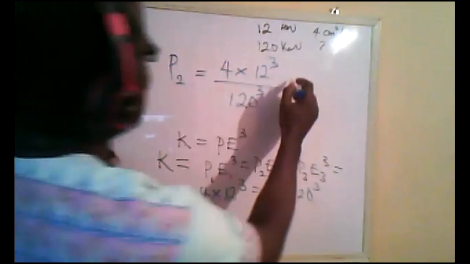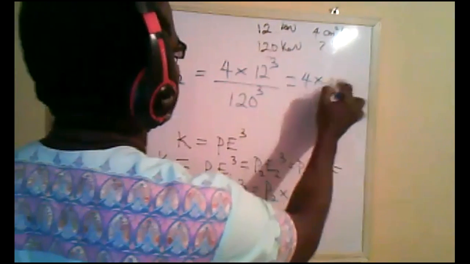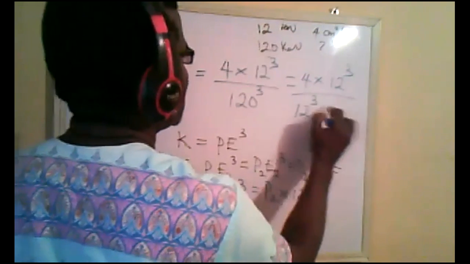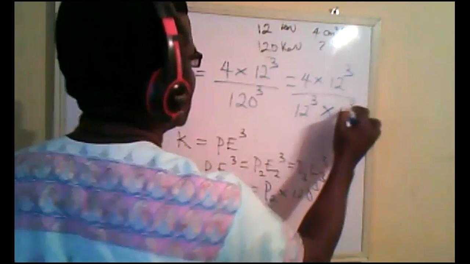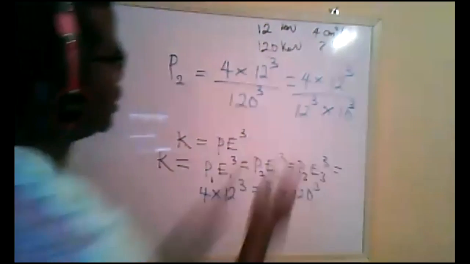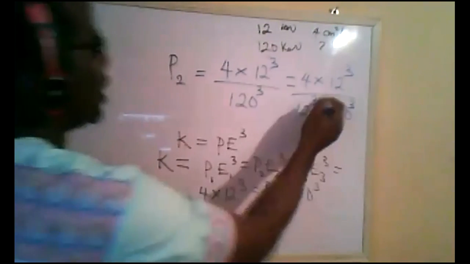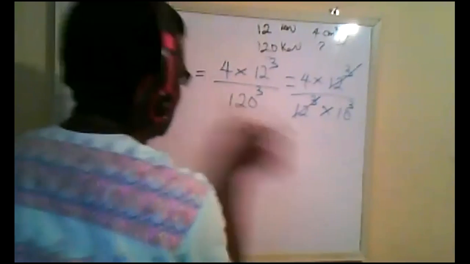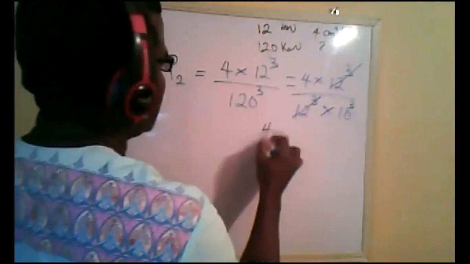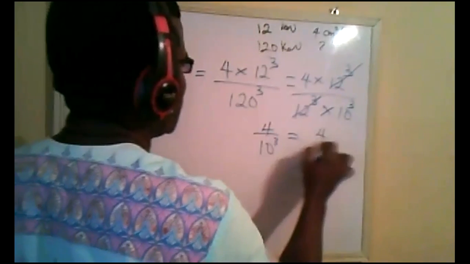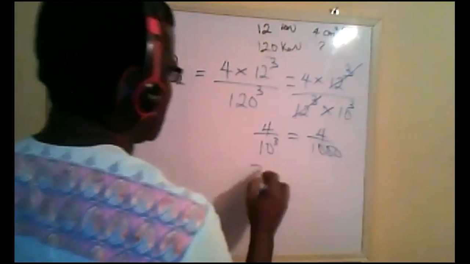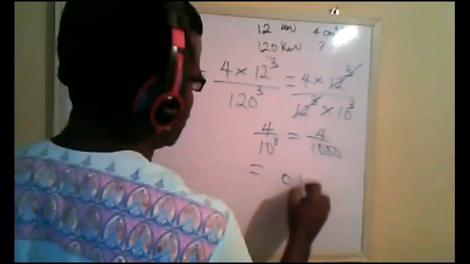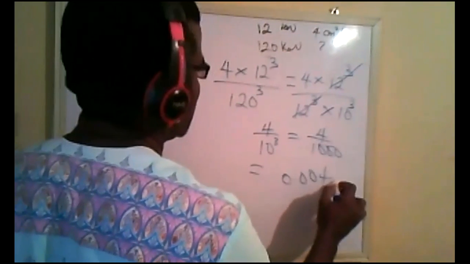We shouldn't bother ourselves with a calculator. We have 4 times 12 cubed over 12 cubed times 10 raised to power 3, because 12 times 10 is 120. So we are left with 4 over 10 raised to power 3, which is 4 over 1,000. So that gives us 0.004 centimeter squared per gram.